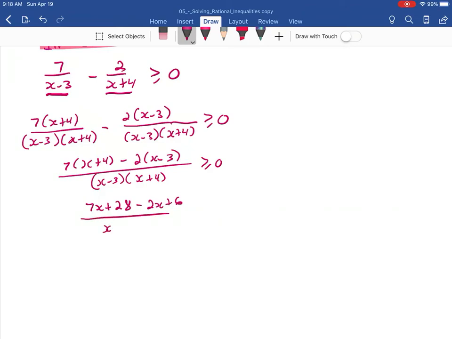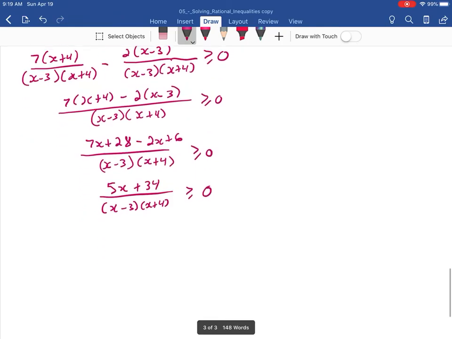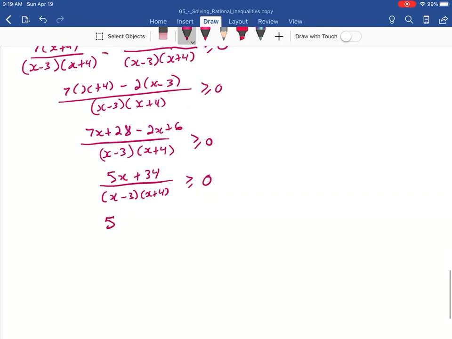I've got a little multiplying out here to do. And so when I simplify that all down, I get 5x plus 34 over (x minus 3)(x plus 4).